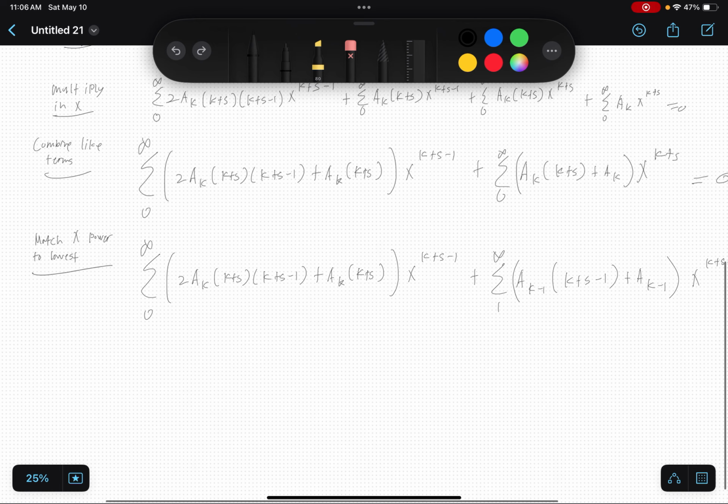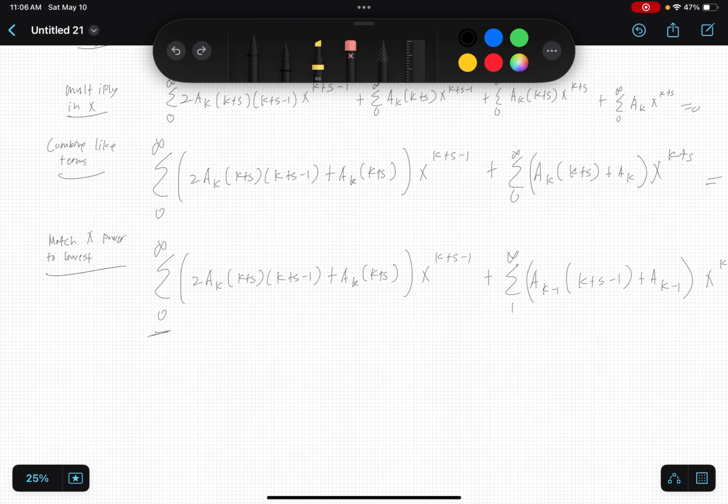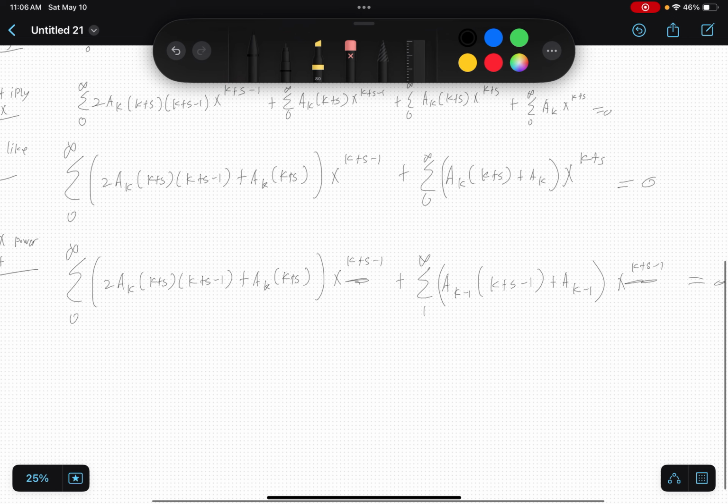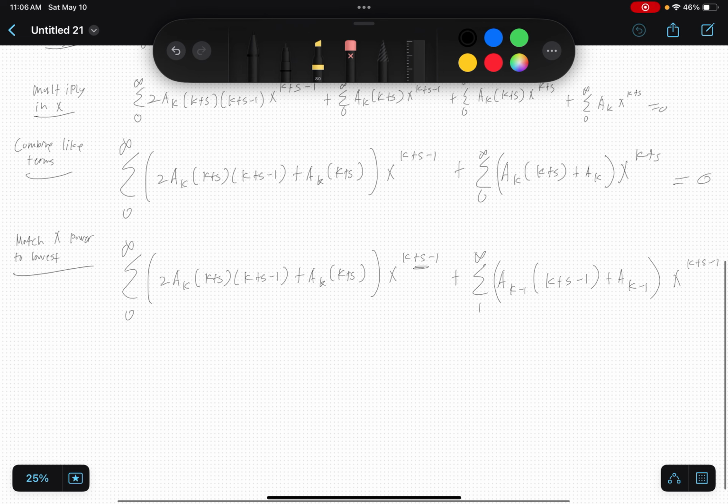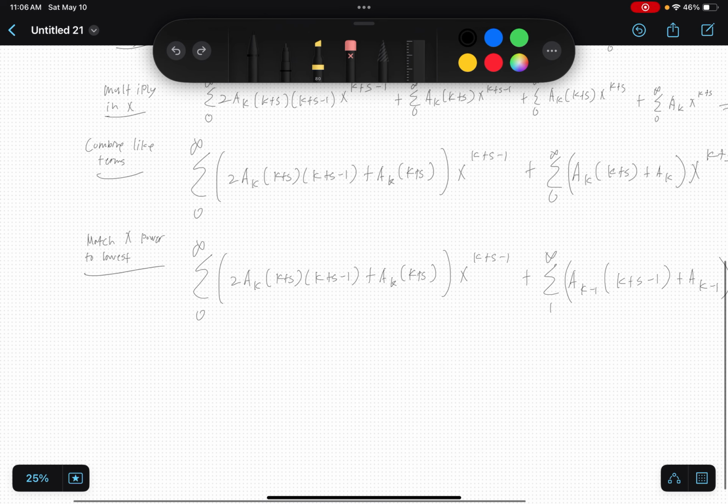Next step, write out the required sums such that these two sums are the same index. So we matched these. Now we're trying to match those without changing these exponents. So how do we do that? Well, this is literally an infinite sum. We could write out all of those terms from 0 to infinity, but that takes too long.